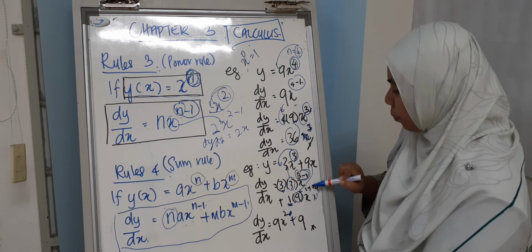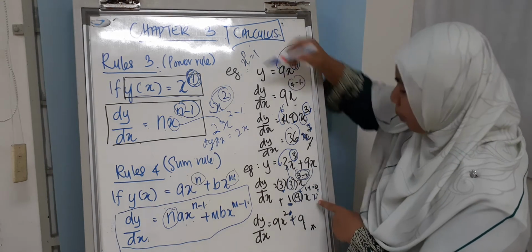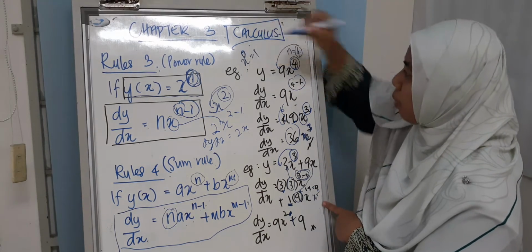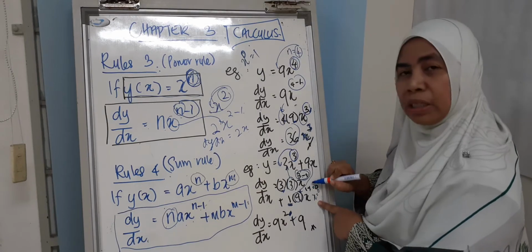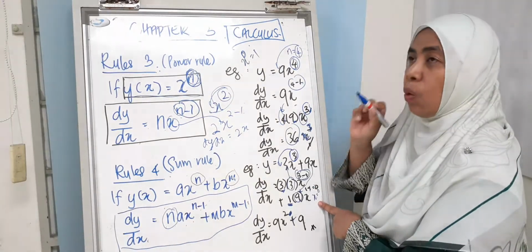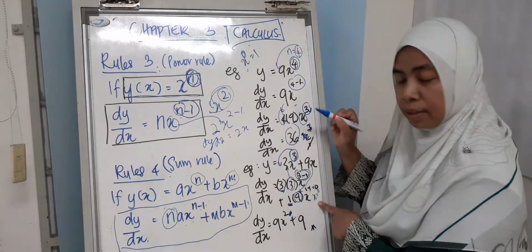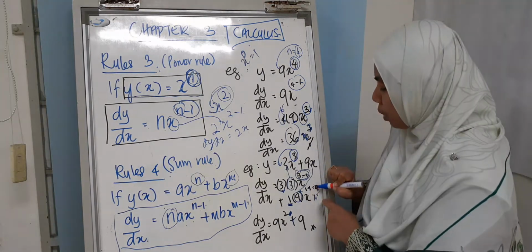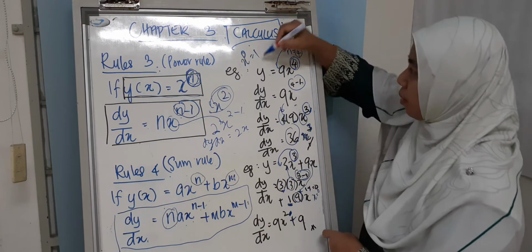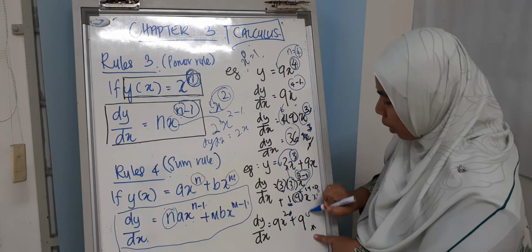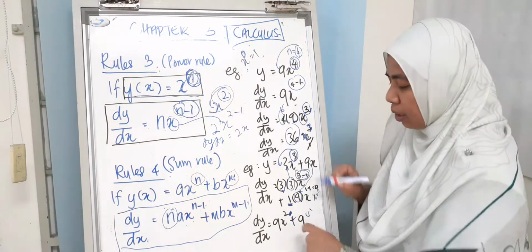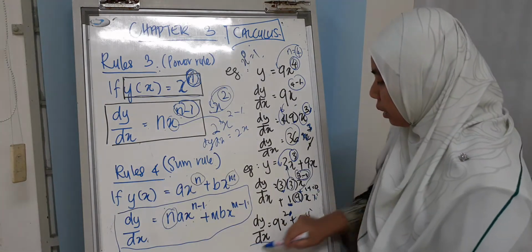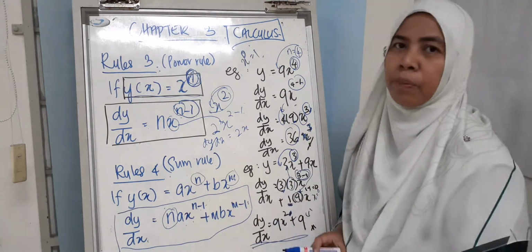But here, x to the power of 0, because x to the power of 1 minus 1 will be x to the power of 0, which will be 1. So 9 times 1 will be 9. So this is the answer for rule number 4.